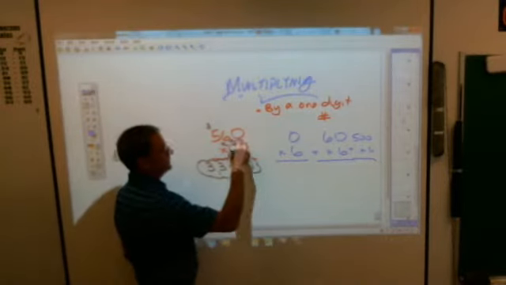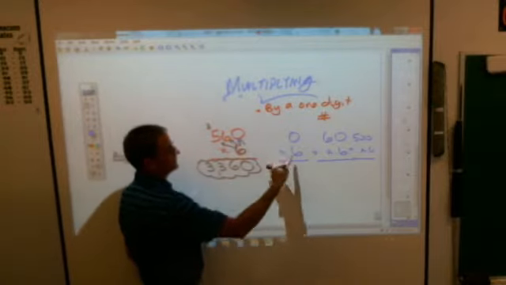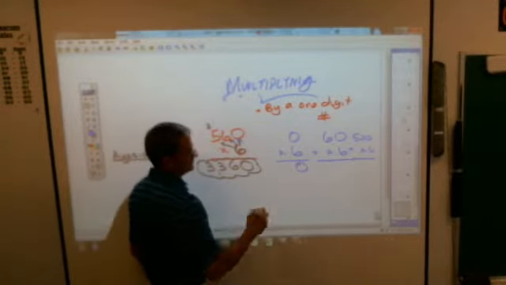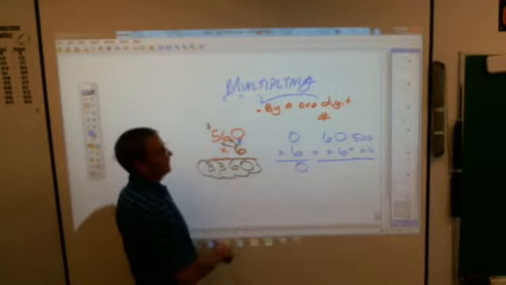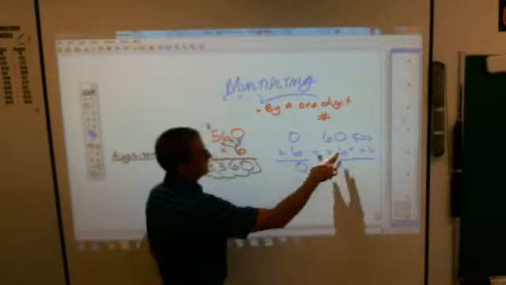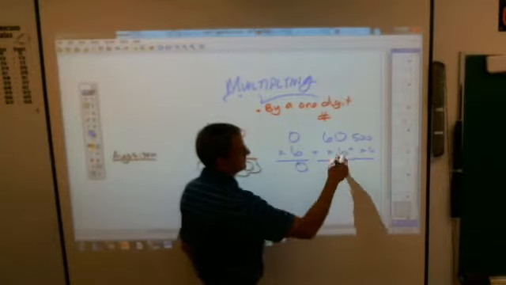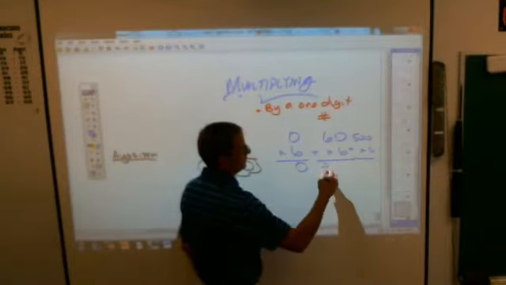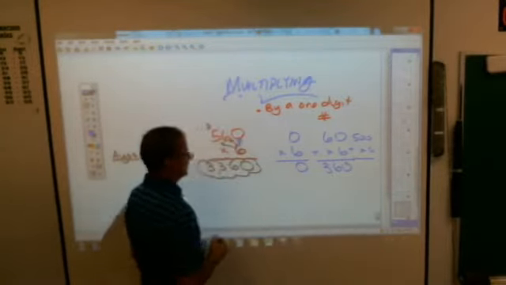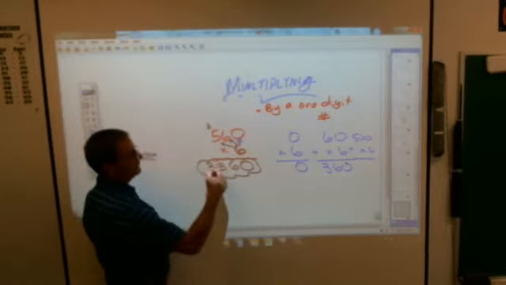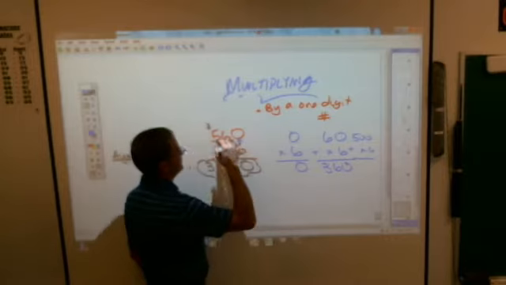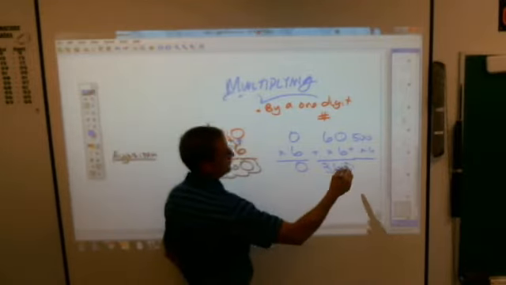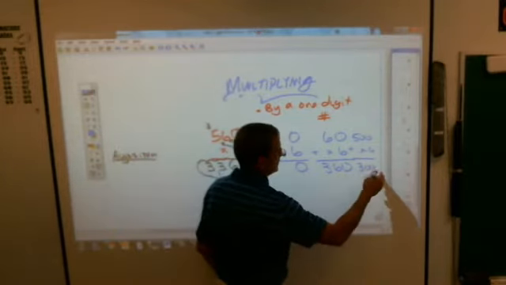When I took the 6 times this, 6 times 0 is, in fact, simply 0. That's where my 0 came from. Okay? Then I took my 6 times this. 6 times 60 is actually 360. That is where my 6 came from. And 6 times this 5 is actually 6 times 500, which is 3,000.